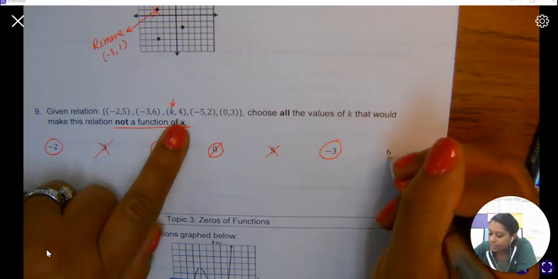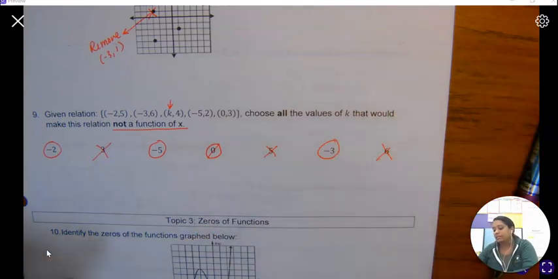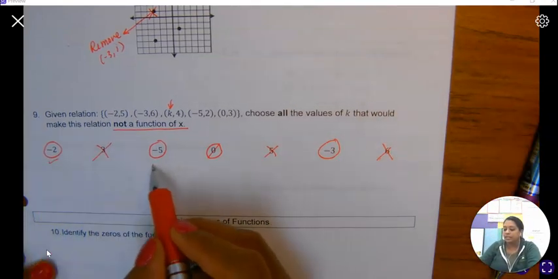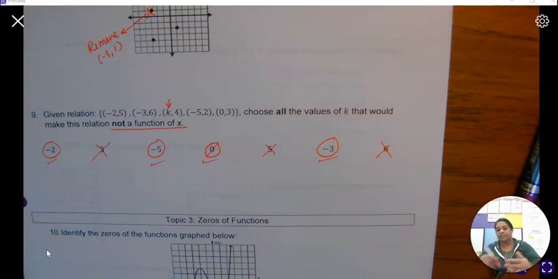And then if I put 6, that would remain a function, so I don't need that. So -2, -5, 0, and -3 are the numbers that I can plug in there that would make this relation not a function. Okay? Anyway, those are the types of questions you'll see on the test concerning functions. Thanks, guys.